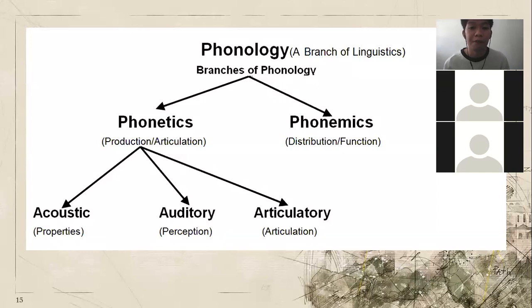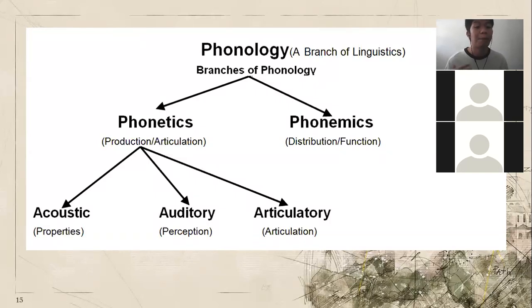So this is phonology, a branch of linguistics. And we also have branches of phonology. We have phonetics, phonemics, and under phonetics, acoustic, auditory, and articulatory. Phonetics, the articulation. Phonemics, the distribution or the function of the sounds. When we say phonetics, there are three branches: the acoustic, auditory, and articulatory.